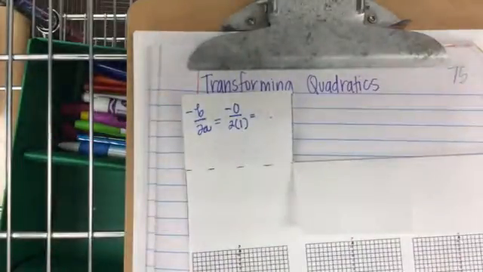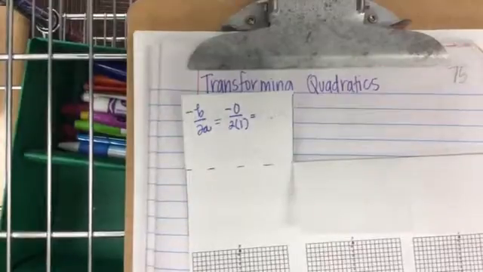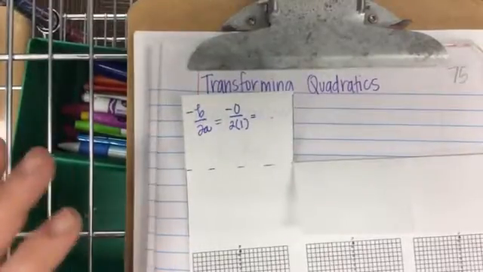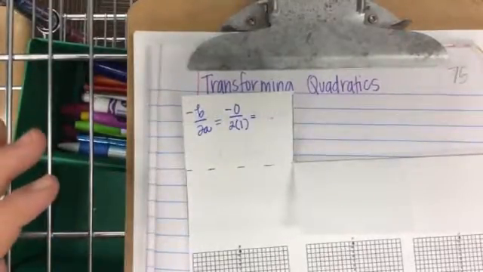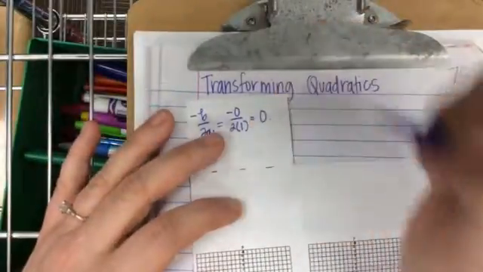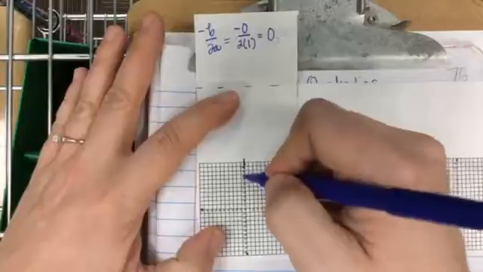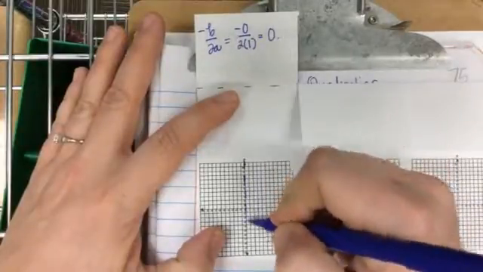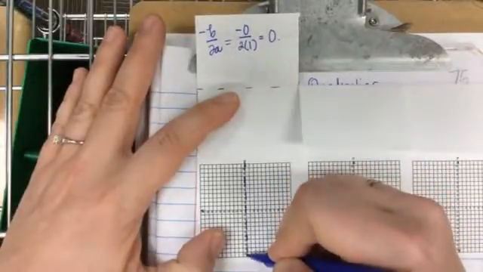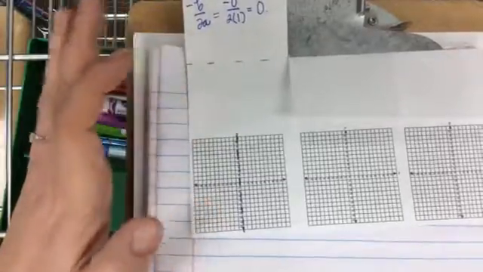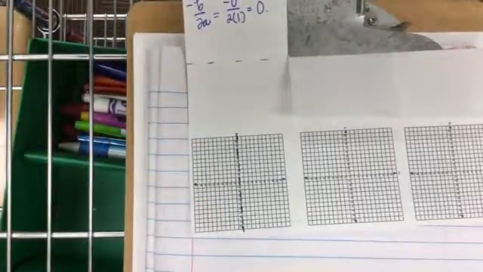Negative 0, which is just 0. 0 divided by 2 is what? 0. So my axis of symmetry is 0, so it's perfectly right in the middle. So that's one part of the parent function, right? It's going to be reflected perfectly in the middle.